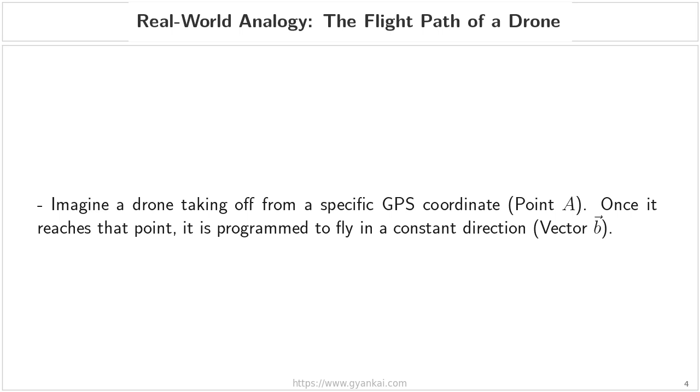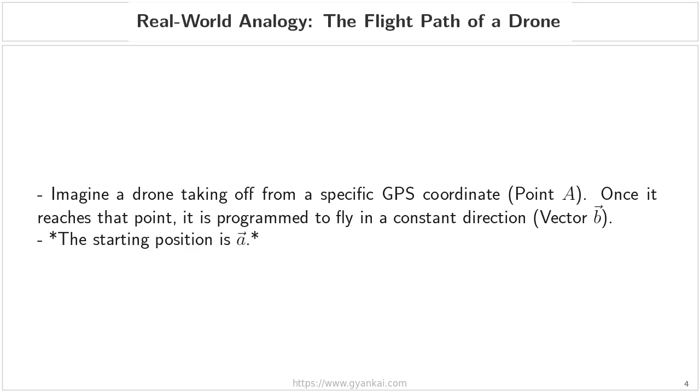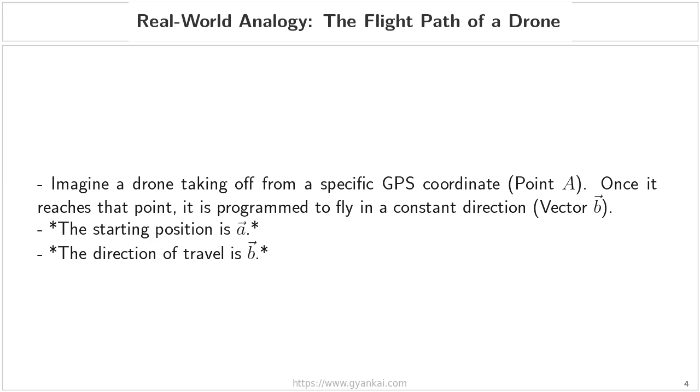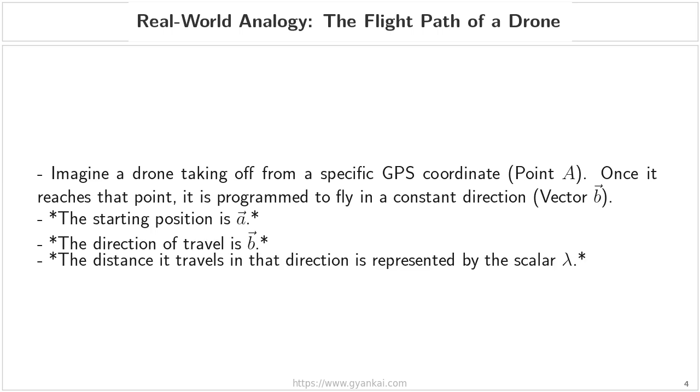Once the drone is in the air at that point, it is programmed to fly in one constant, unchanging direction. We can represent this direction using the vector B. Now, as the drone flies, it covers different amounts of ground.